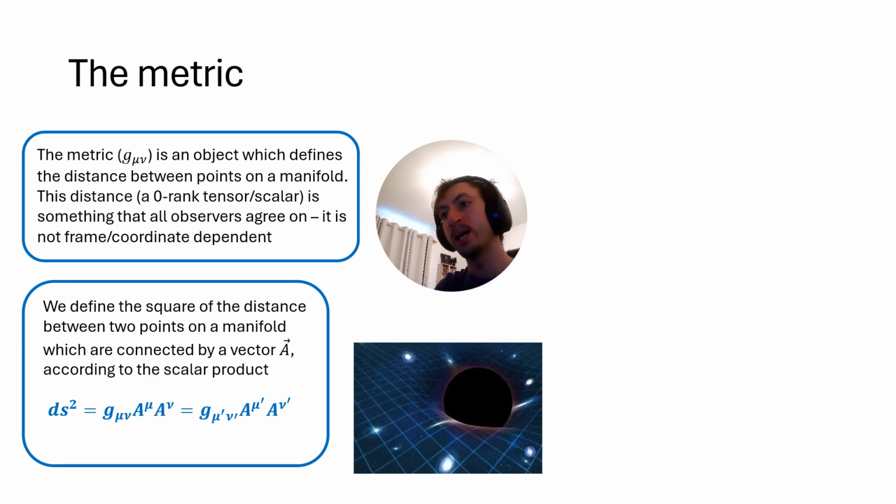It looks like the mu below the G, so the mu within our metric, and the mu above our A, so the muth component of A, the mus cancel out. And similarly with the nus, those cancel out, leaving me with a scalar quantity, the length of a vector.